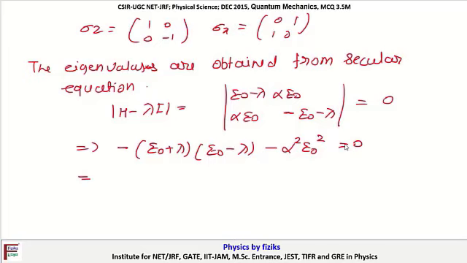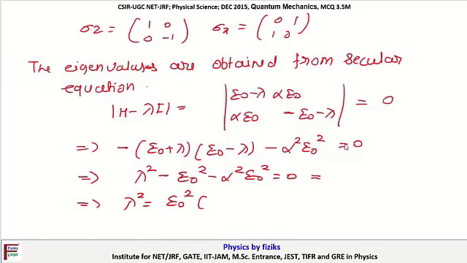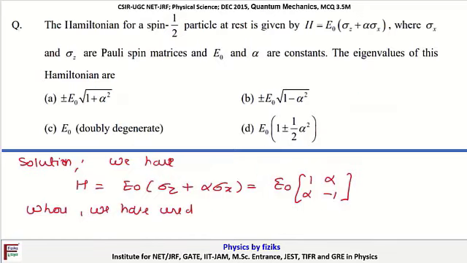Or we can write lambda square minus E0 square minus alpha square E0 square equal to 0, or lambda square is equal to E0 square into 1 plus alpha square, which implies lambda is equal to plus minus E0 root over 1 plus alpha square. So our option A is correct for this problem.